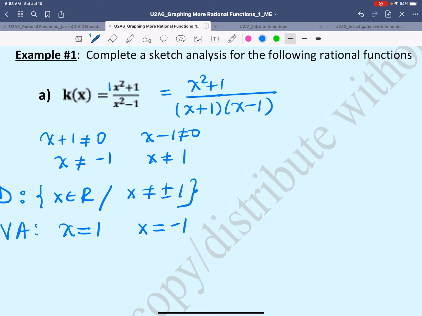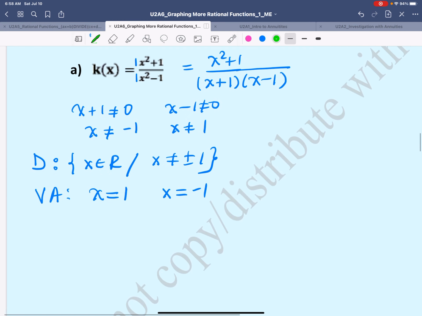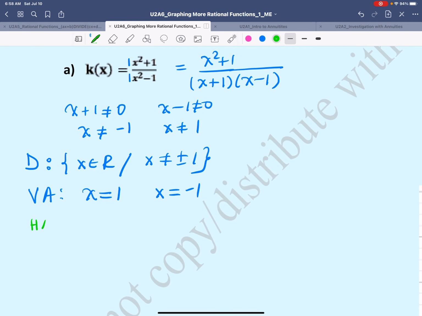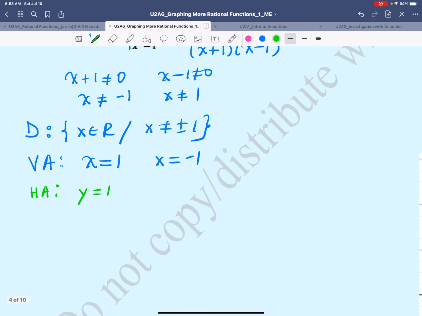This one would be a coefficient of 1 for x squared in the numerator, and a coefficient of 1 in the denominator, which tells us that the horizontal asymptote will be y equals 1 over 1, or simply y equals 1. And since we're here, let's take the range. The range is any real number y such that y is different than the horizontal asymptote, which is at 1.